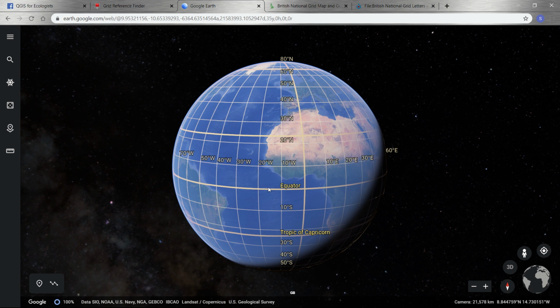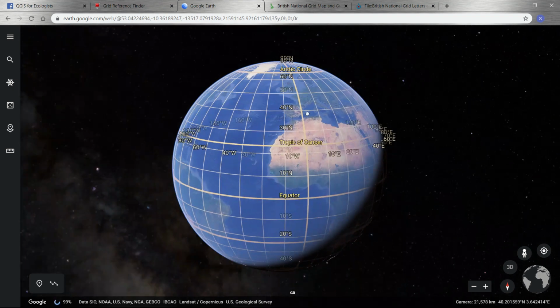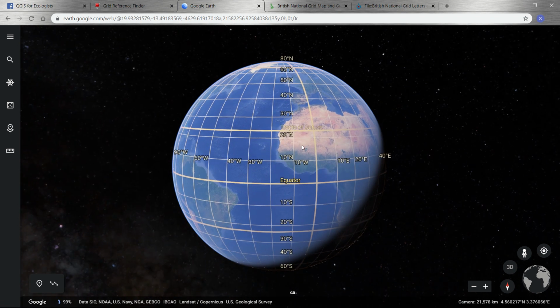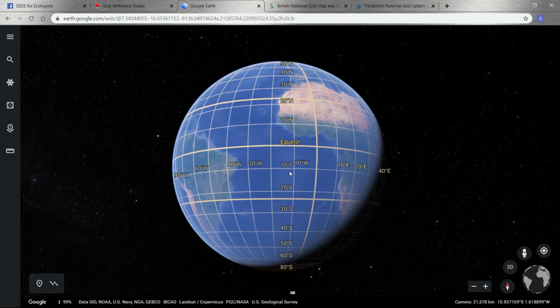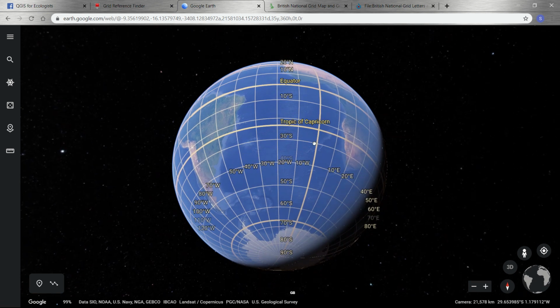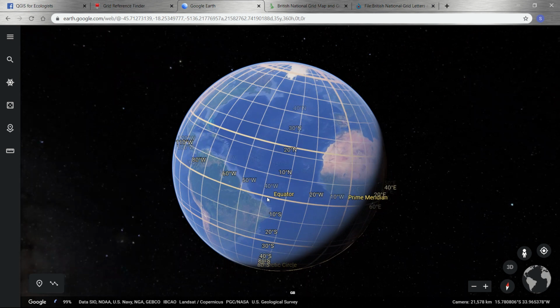These just show each 10-degree division, so going from 0 at the equator to 90 degrees at the top, and they are either north or positive degrees. If you go south of the equator, you will get degrees south. These can also be expressed as negative degrees, and they also go to 90 as well.